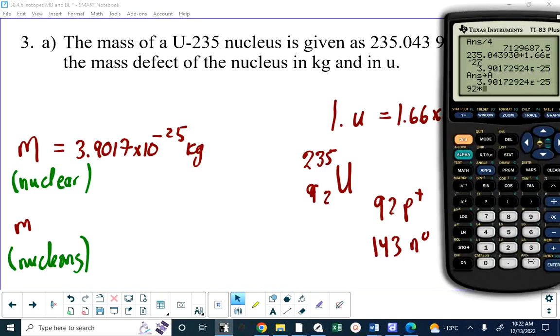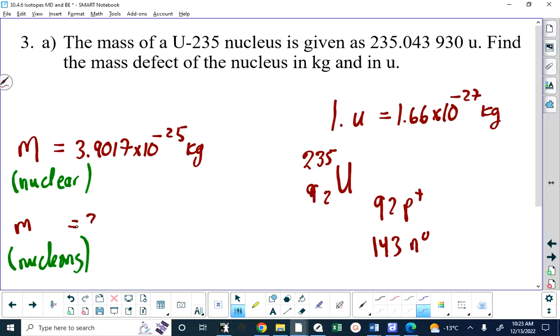92 multiplied by the mass of a proton, which is 1.6726 times 10 to the negative 27, plus 143 times the mass of a neutron, which is 1.6749 times 10 to the negative 27. I just want to step back and look at my numbers before I hit equals. We're okay. 3.9339 times 10 to the negative 25 kilograms.